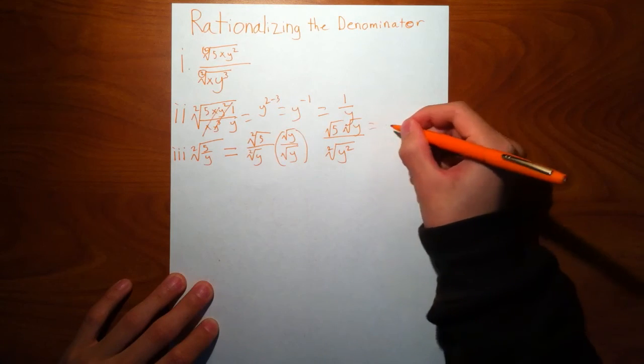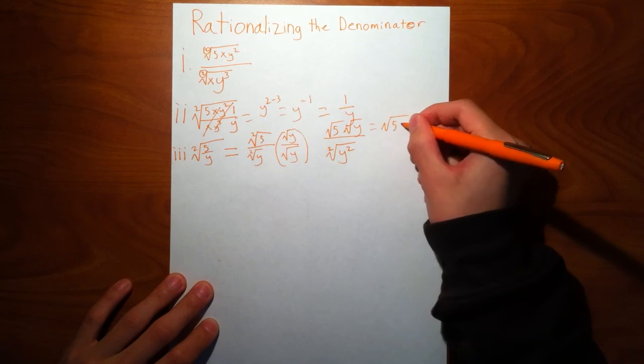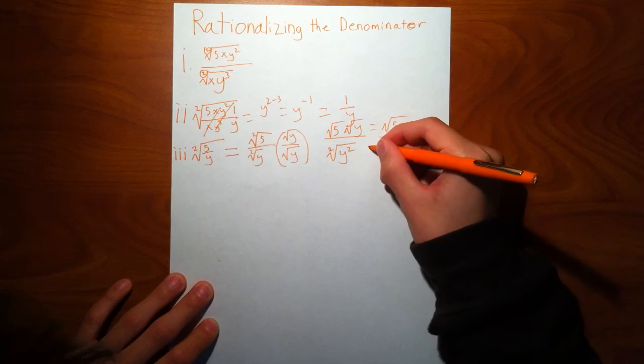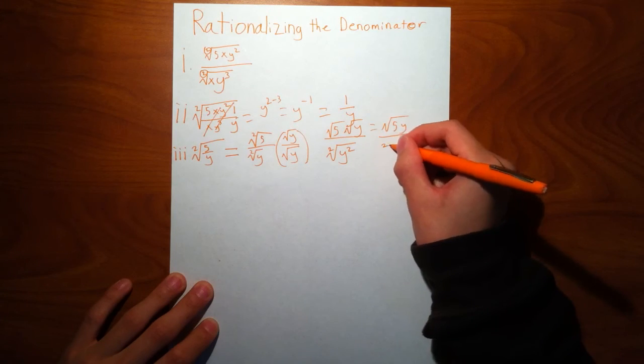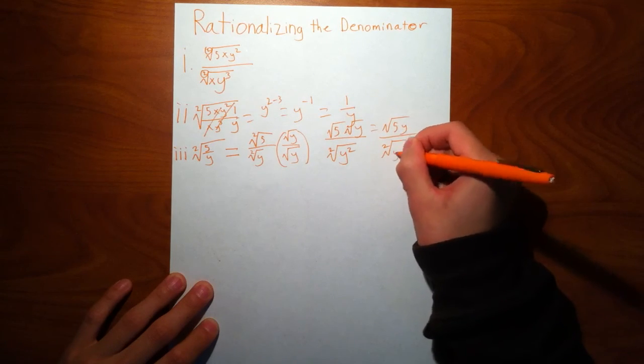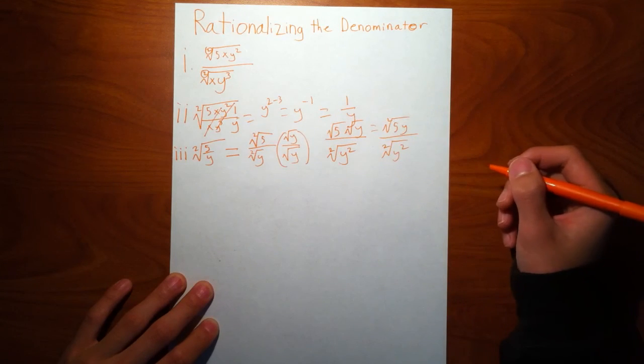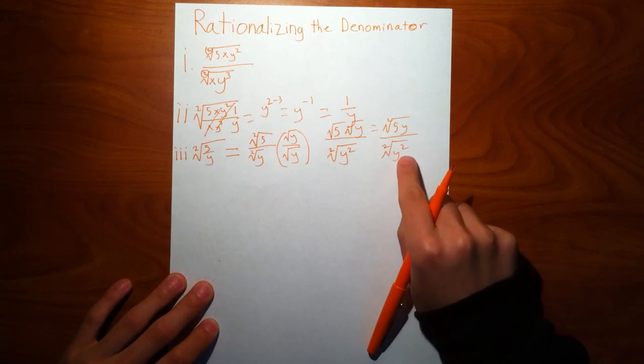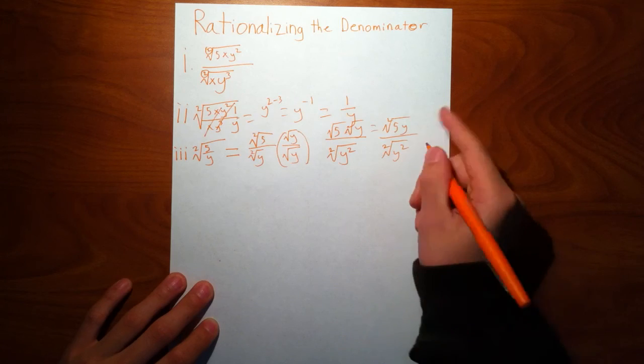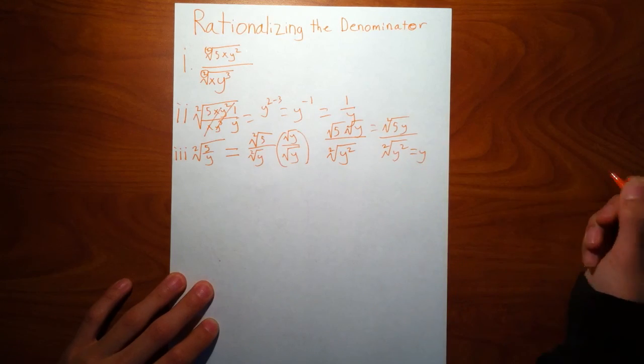So that will equal the square root of 5y over the square root of y squared. And the square root of y squared is the same thing as y.